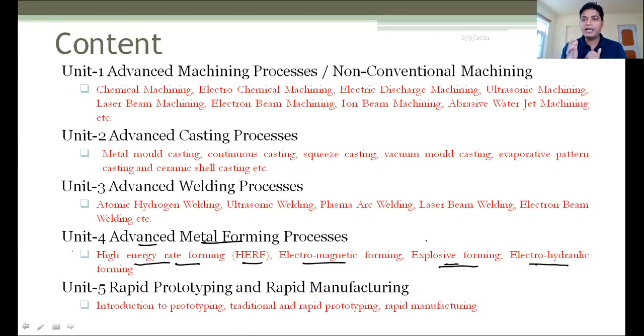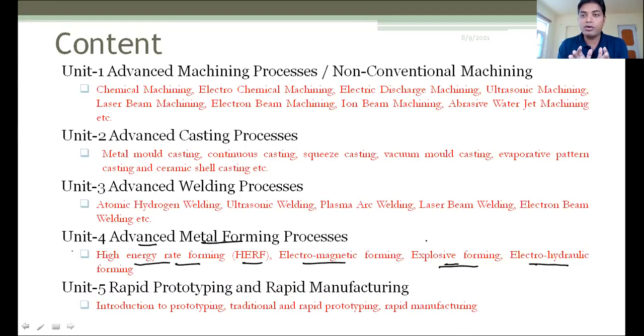The next part is the advancement of manufacturing technology. Okay, what we have studied till now, when I taught you machining operations, I classified them into three groups. In the first, the material is neither removed nor added, so there is zero change in the material.